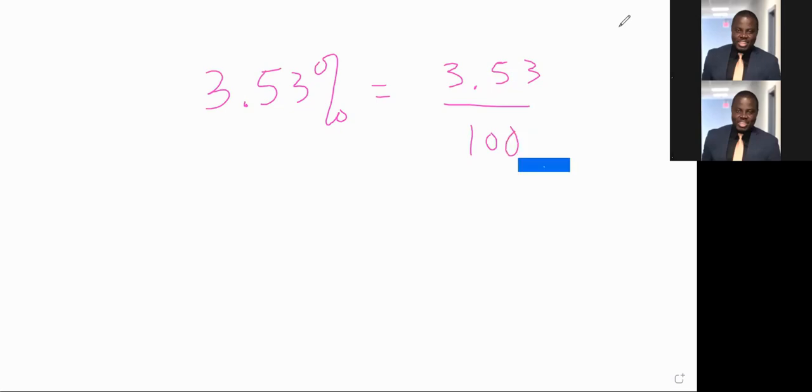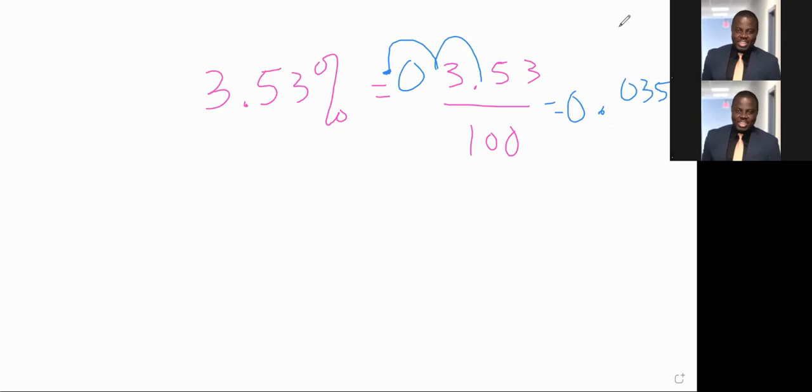I already have a point, so I'm going to move the point 1, 2, right here. So I put a 0 here. This gives me 0.0353. And that is it. You're done.